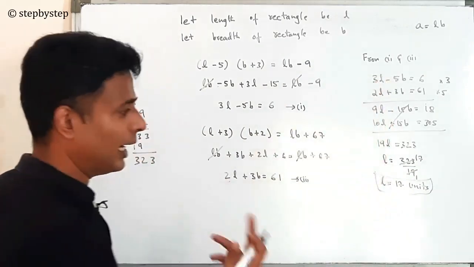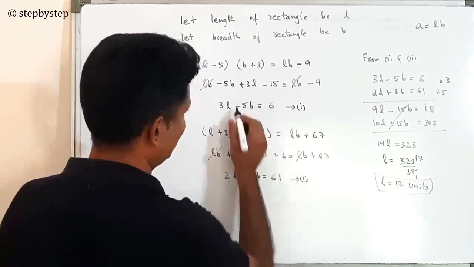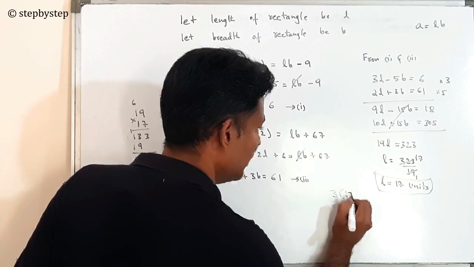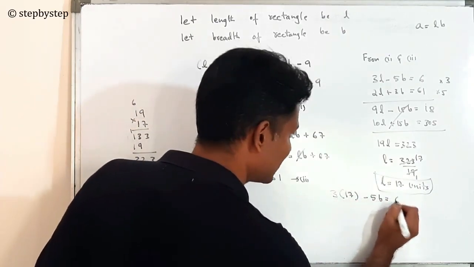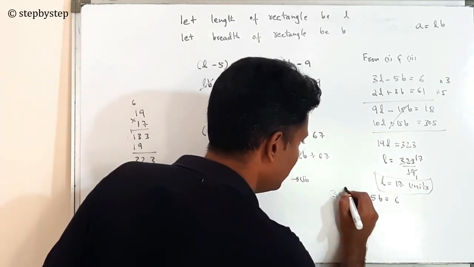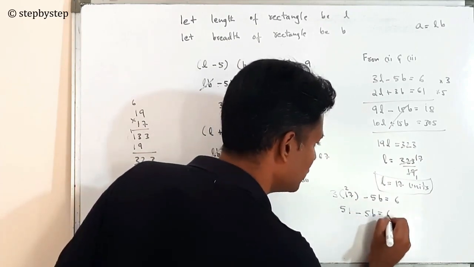Using one of these two, I can find the breadth. So I'll use the first one. 3 into L, that is 3 into 17, minus 5B equal to 6 from the first equation. So 3 7s are 21, 3 1s are 3, 51 minus 5B equal to 6.